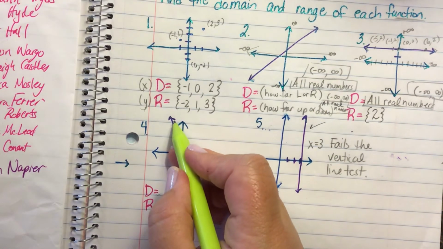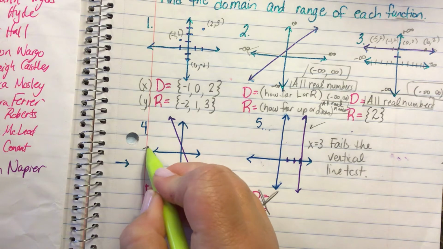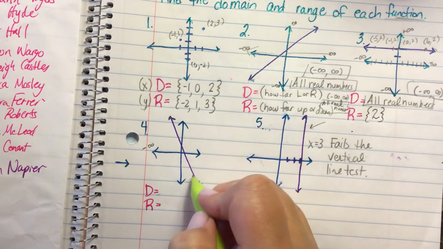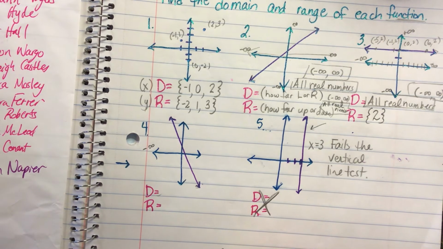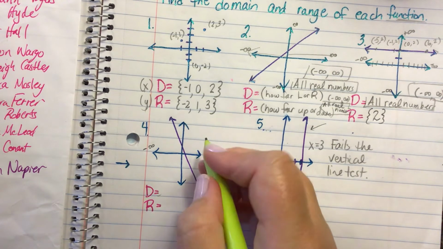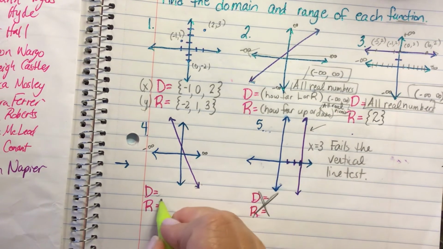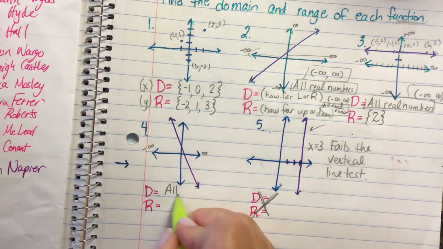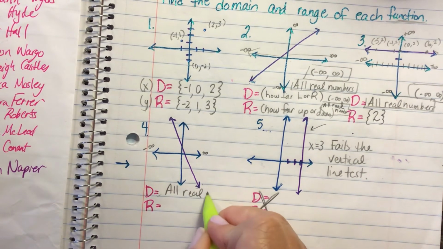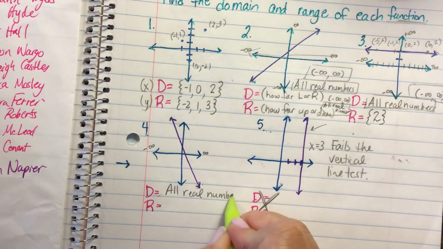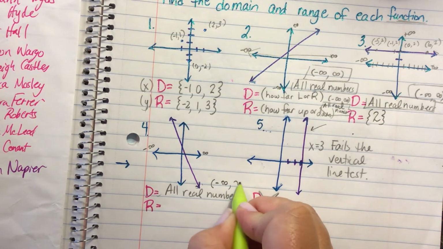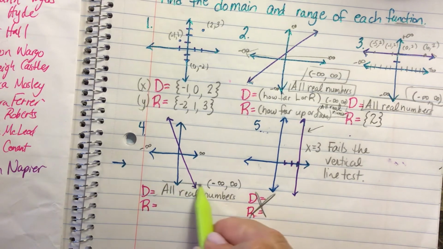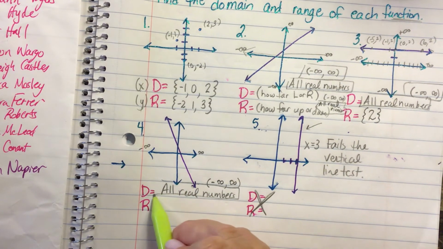So this graph is going forever towards negative infinity. And how far down and to the right is this graph going? It's going forever. So my domain is either all real numbers or from negative infinity to positive infinity. And I'm perfectly okay with you using this answer here.